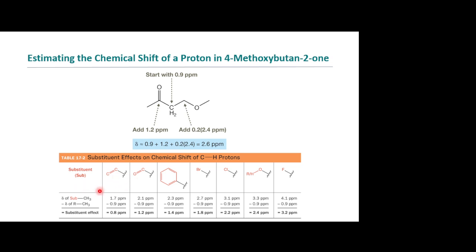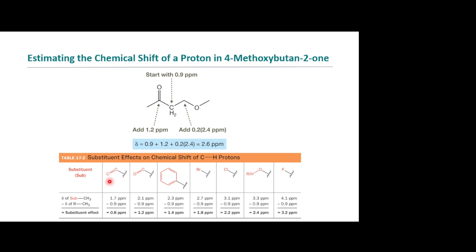Okay, so what we would see here is normally this CH3 would have a shift that's 0.9, right? So if we look at the measurement of that off of a double bond, what we would notice is that's 1.7. We take the difference between those, and that is the effect of having a double bond next to you.